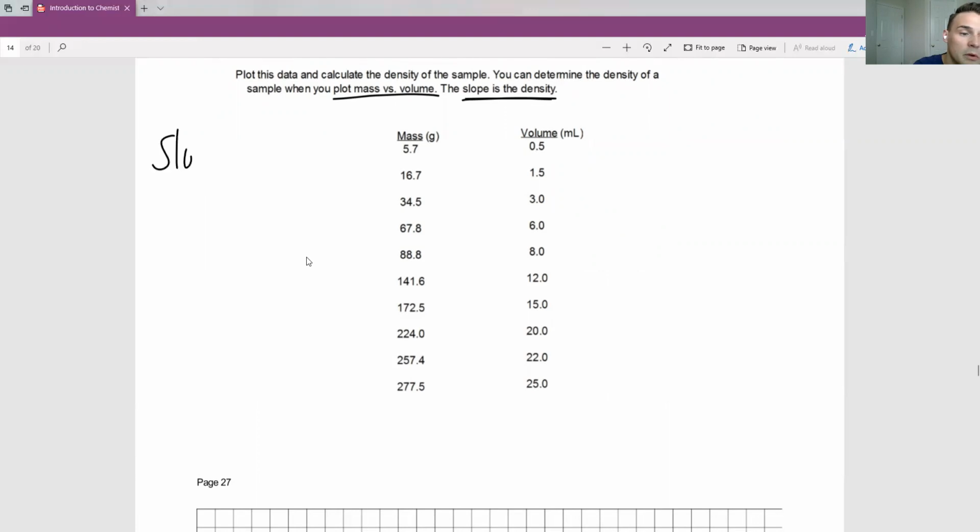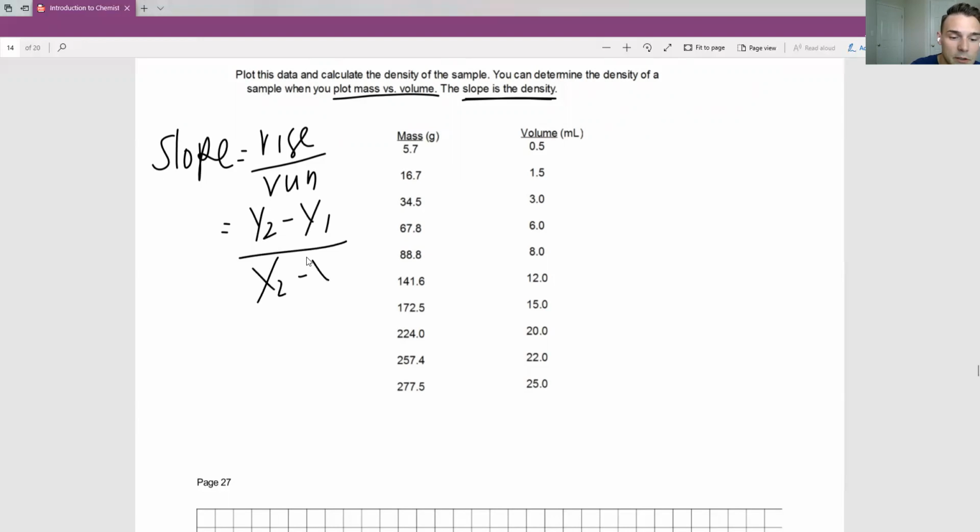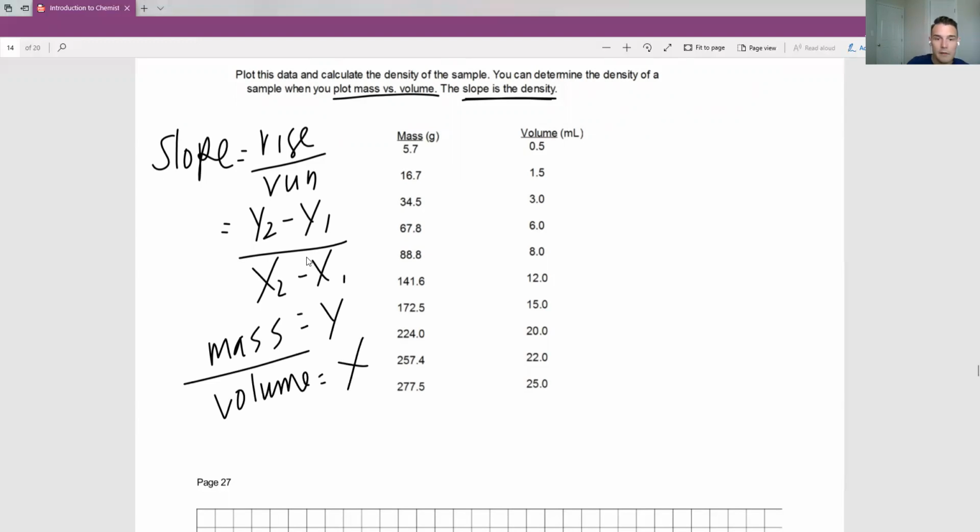So slope, which we know is rise over run, is y2 minus y1 over x2 minus x1. Now, if density is mass over volume, that means the mass is the y, the volume is the x, okay? That's what you got to do in order to determine that, okay?